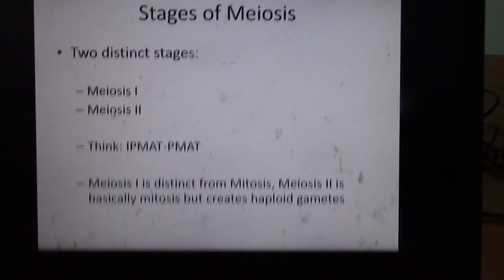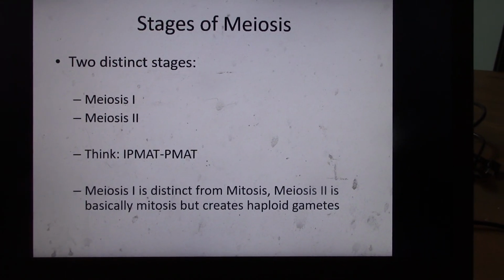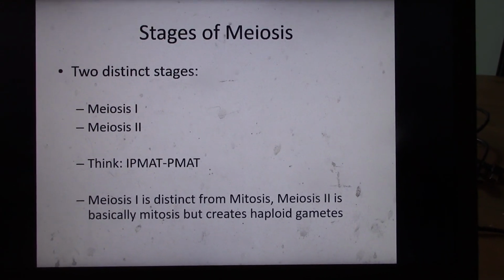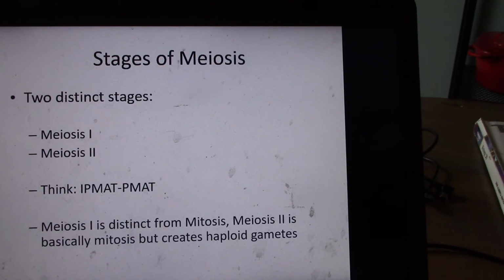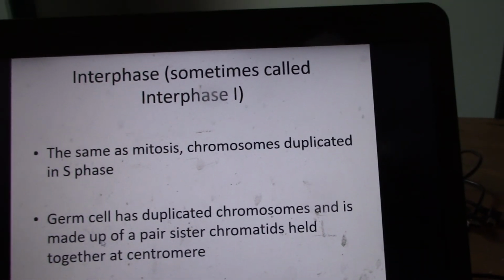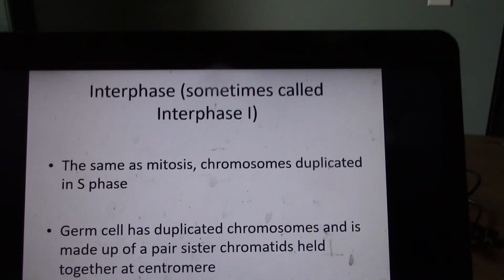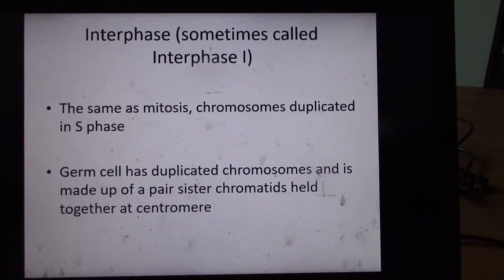There are also two stages in meiosis, meiosis 1 and meiosis 2. Meiosis 1 is where all the different stuff happens in comparison to mitosis. Meiosis 2 proceeds much like mitosis, but meiosis 2 has haploid cells rather than diploid cells.